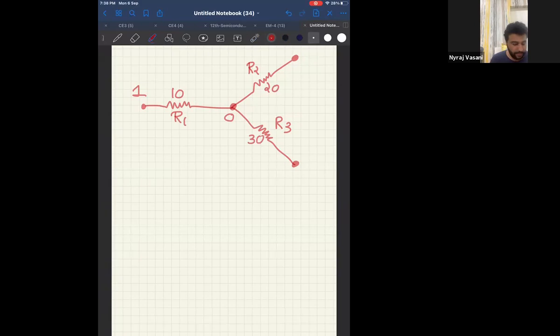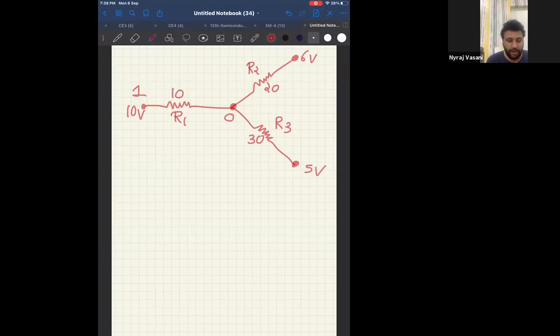And the potentials of points 1, 2, and 3 are 10 volt, 6 volt, and 5 volt. So this is our circuit, correct?